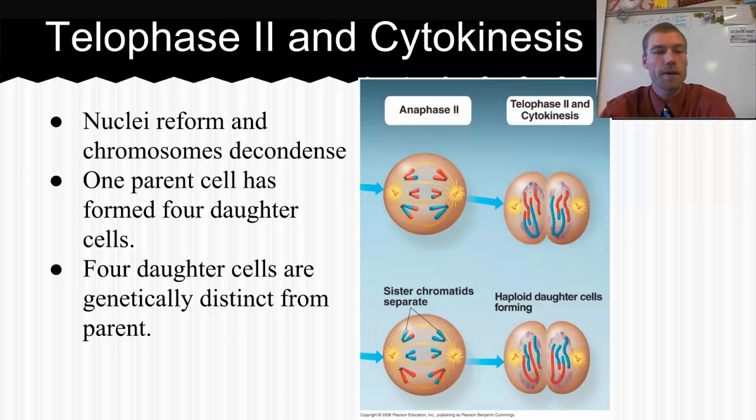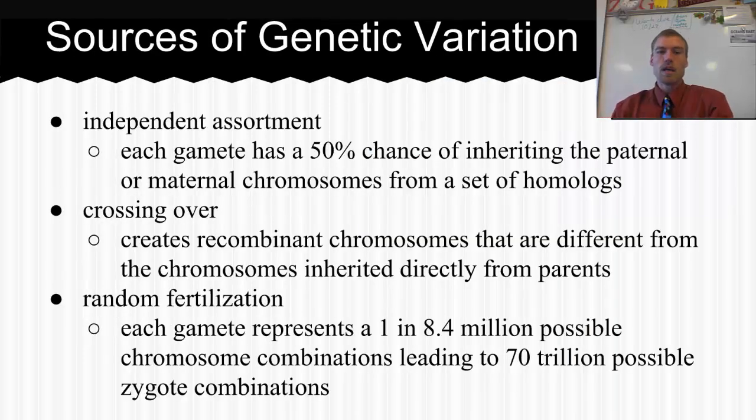Except now at this point, we have 4 daughter cells that are haploid, and they are all genetically different from the parents because of the crossing over that occurred and because of the lining up of them along the metaphase plate. So there are 3 different ways that we get the majority of our genetic variation when we go through the process of both meiosis and sexual reproduction.